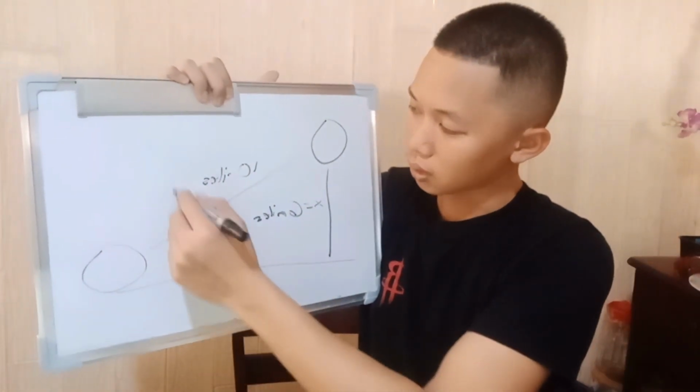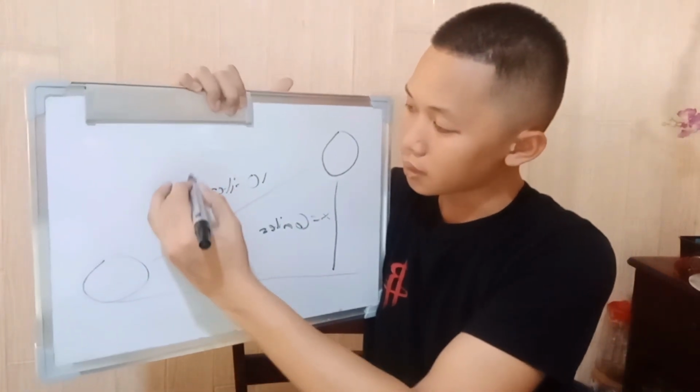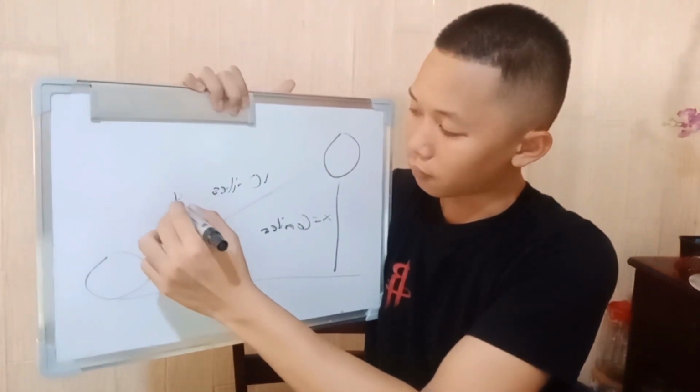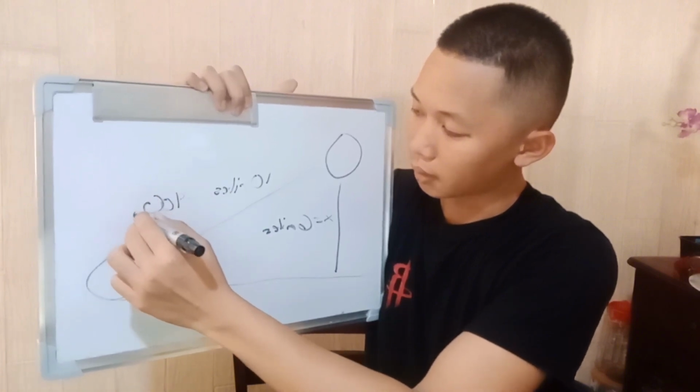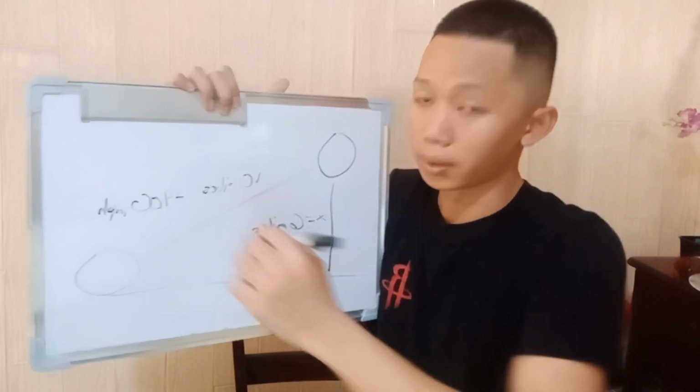And the rate at which their distance is decreasing is negative 400 miles per hour. This is our rate.